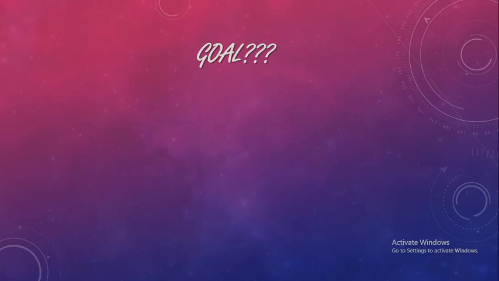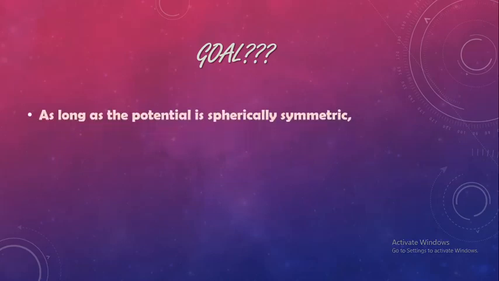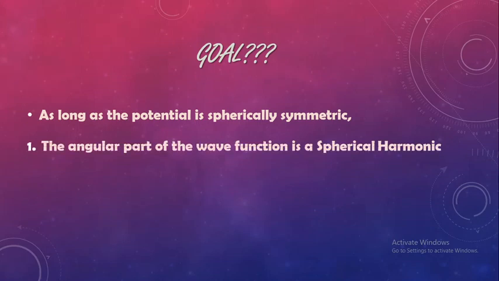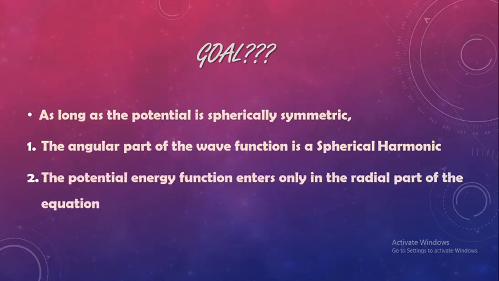Our final destination was to find that for such a potential, the angular part of the wave function gives us a spherical harmonic, and the second goal was to show that the potential energy function enters only in the radial part of the equation and is absent in the angular part of the wave function.